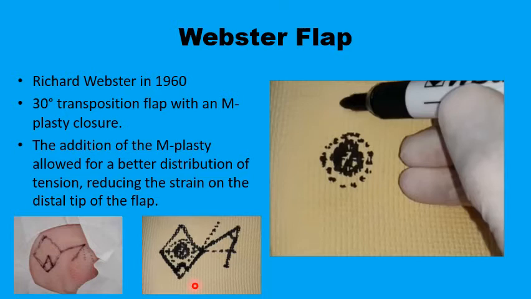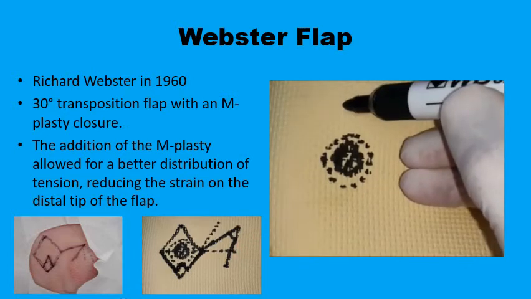The second modification is to have the angle at the apex of the Dufourmental flap 30 degrees, and this very acute angle would help in transposing the flap into the primary defect, and also helps in closing up the secondary defect with less tension and less likelihood of having a dog ear deformity.